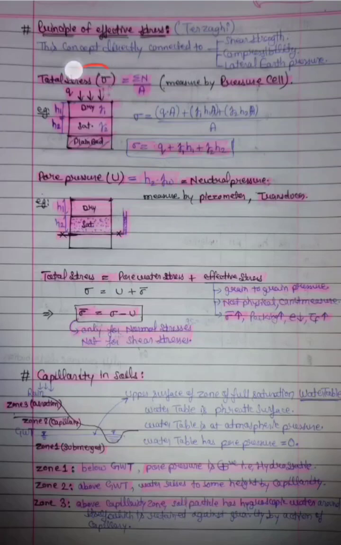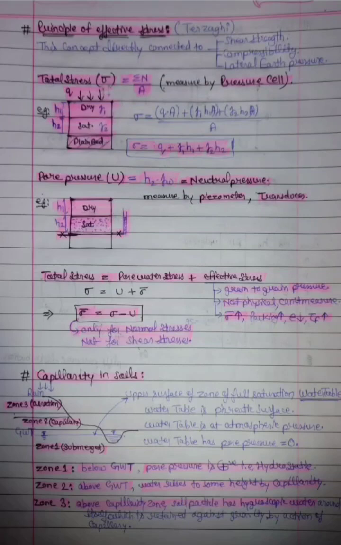Now if I have to find the total stress for this specimen, from top to bottom I have to find all the forces, and then I will divide it by the area perpendicular to the applied force. So let's start from the top. There is a surcharge stress q applied over area A, so this is the sum of this stress over this area.